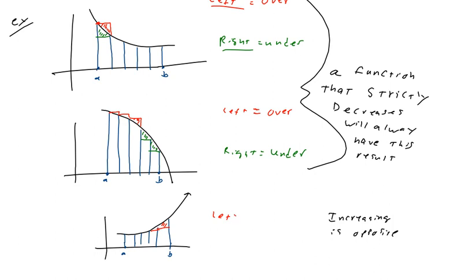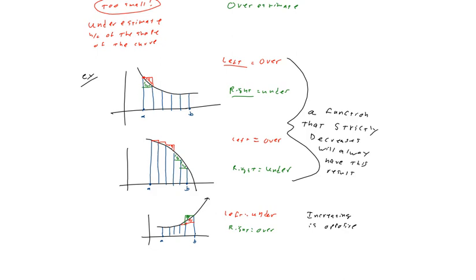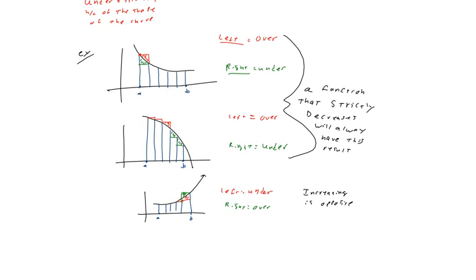And the right side is going to overestimate. So decreasing, you're always going to have, and you can just visualize it.